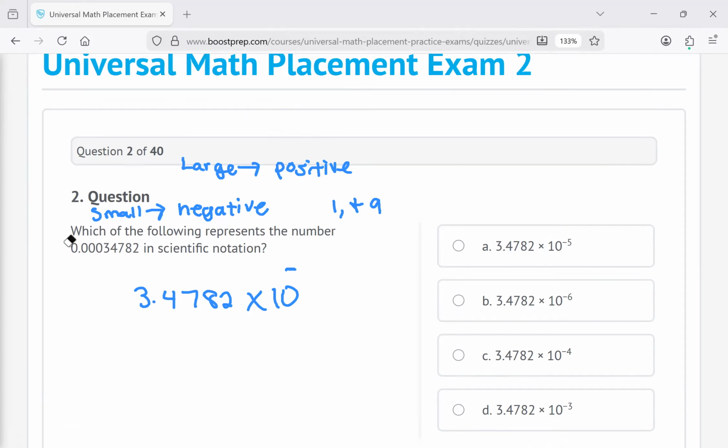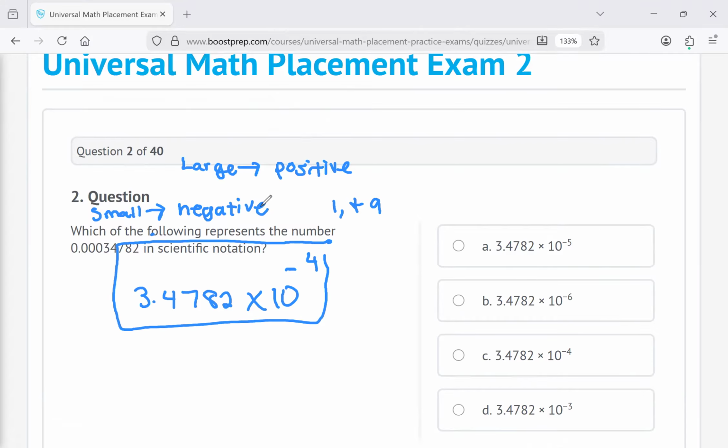Double check. No, it's actually negative 4. I mean, 4 places. 1, 2, 3, 4. Yeah, 4. Okay, so this is my answer.